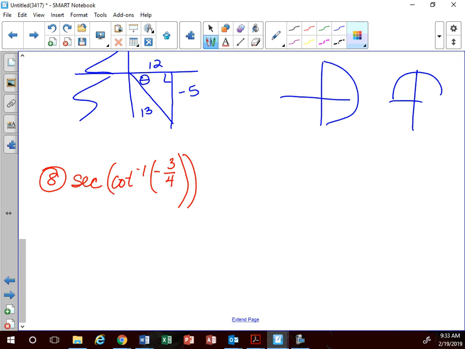Where is cotangent? Yes. Yes. Good work, guys. Yes. Good job. So close. You drew your triangle in the wrong quadrant. Yes, but look back at why that's wrong.